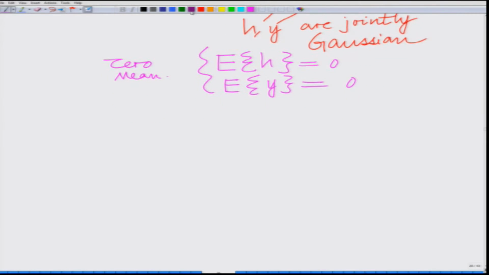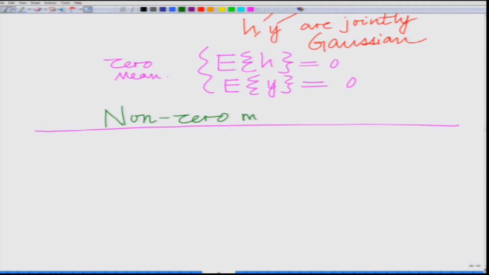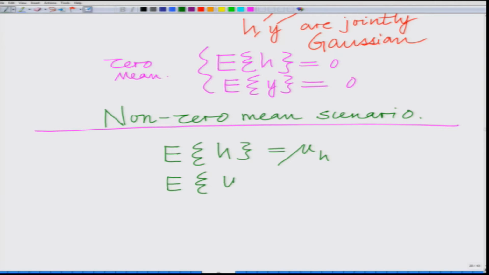Now, let us consider a scenario where these are non-zero mean. Let the expected value of the parameter h be equal to mu h, and also let the expected value of the observation y be mu y.